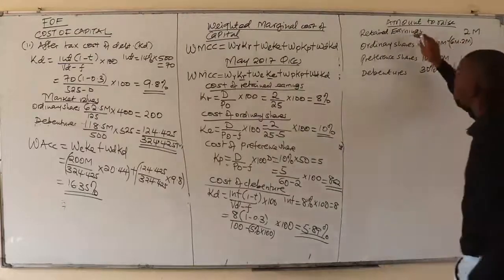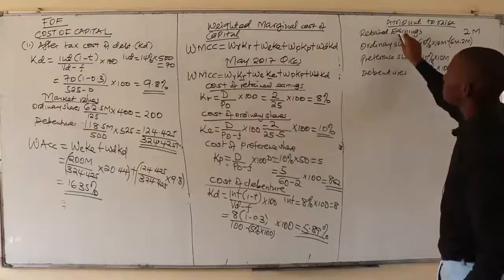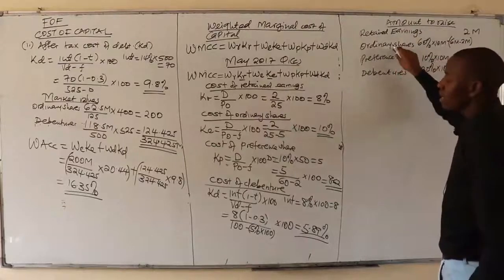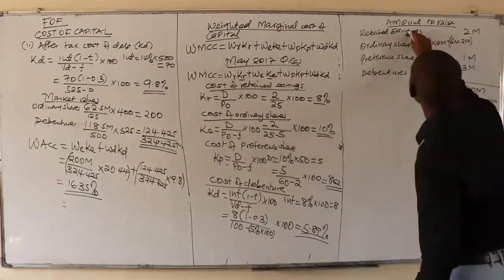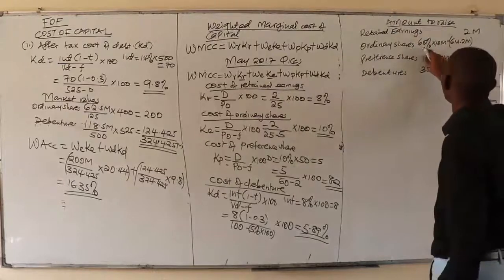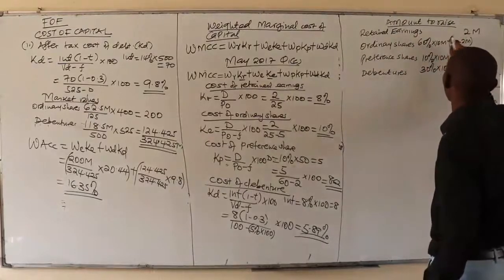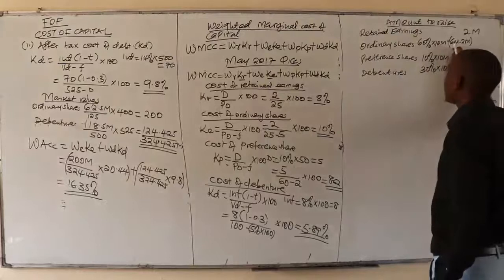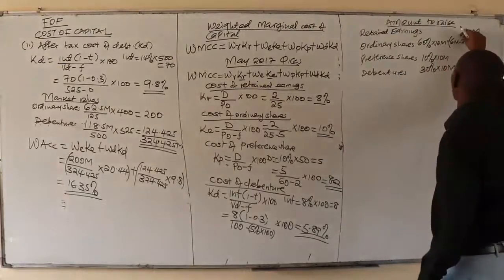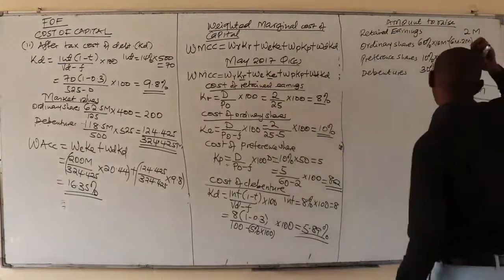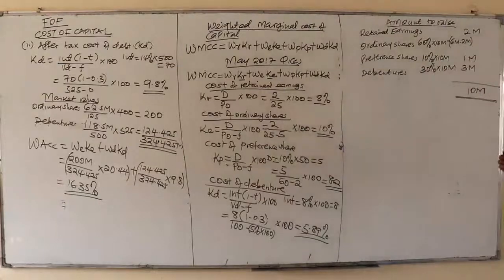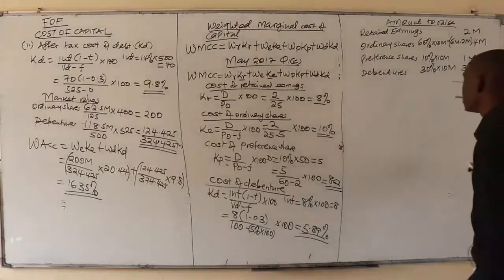When we talk of equity, it's both the retained earnings and ordinary shares. Already 2 million has been raised from the retained earnings, meaning that the ordinary shares will be 4 million. When you add all of them, they give you 10 million.